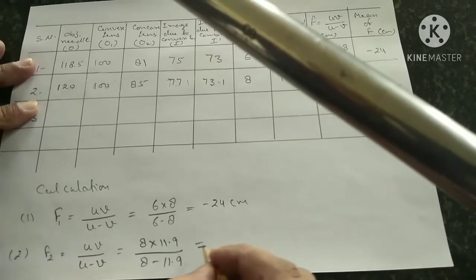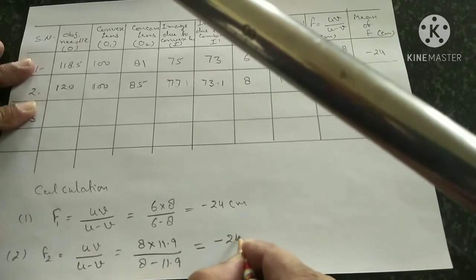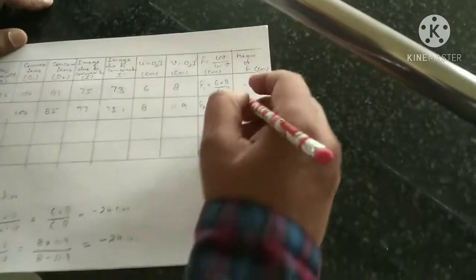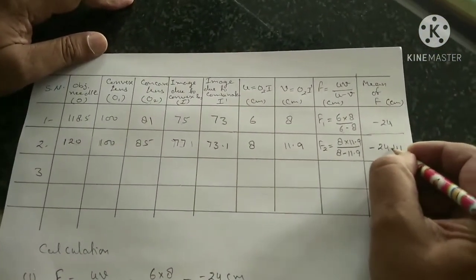On calculating, the result is minus 24.41. So the focal length from set 2 is minus 24.41 centimeter.